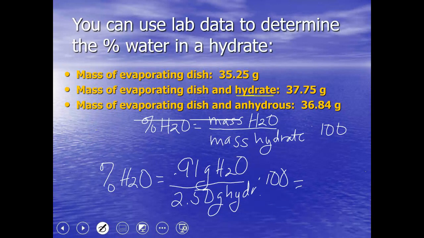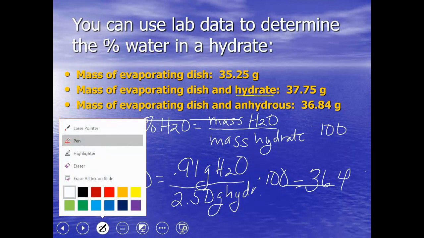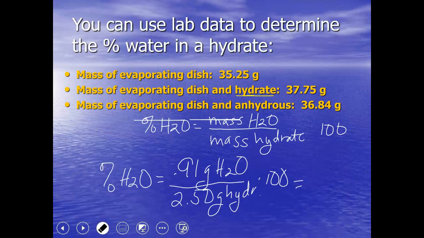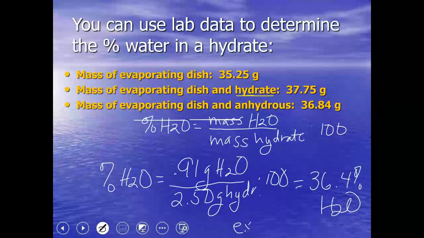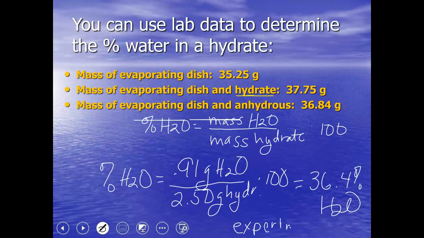When I take 0.91 and I divide by 2.5 and I multiply by 100, I get 36.4% water. Now this is the experimental percent, right? Because we did an experiment to determine it.